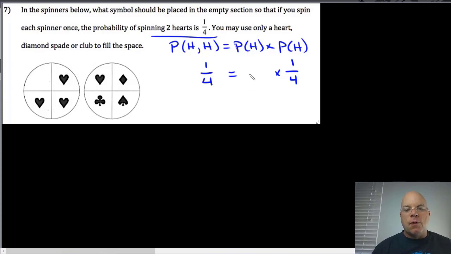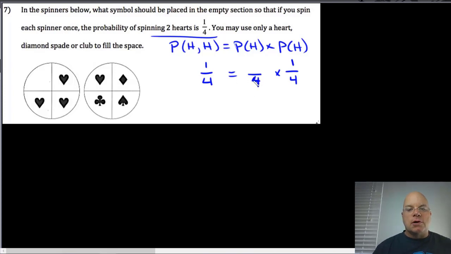We know we have 4 possible outcomes on the first spinner because there are 4 equal-sized spaces. I should say equal-angled spaces since it's a spinner. The spinner could land in any one of these 90-degree arcs. But what would the numerator need to be in order for this probability to equal 1?